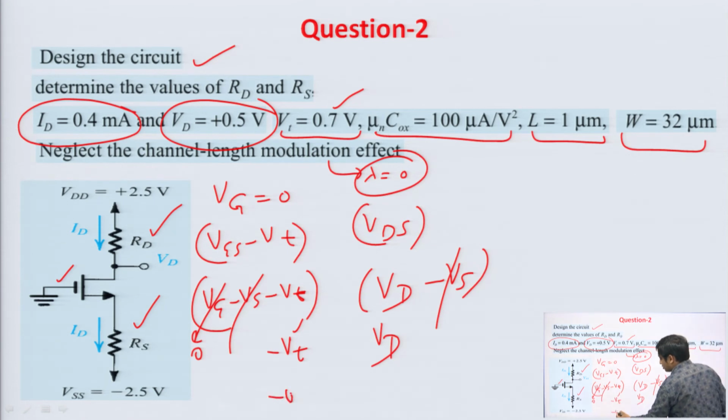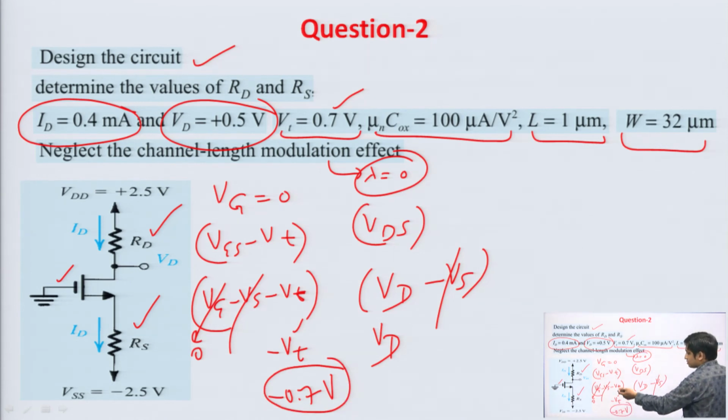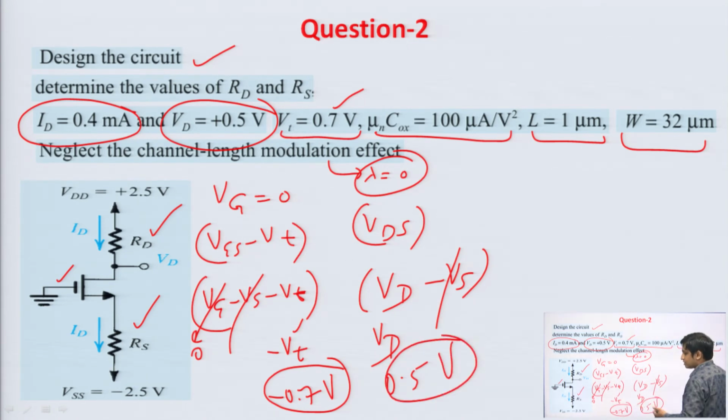So, the left hand side is minus 0.7 volt, and VD is given, that is 0.5 volt. Which quantity is greater, 0.5 volt or minus 0.7 volt? Your VD is greater. So, your VDS is greater than VGS minus VT. So, your transistor is in saturation region.